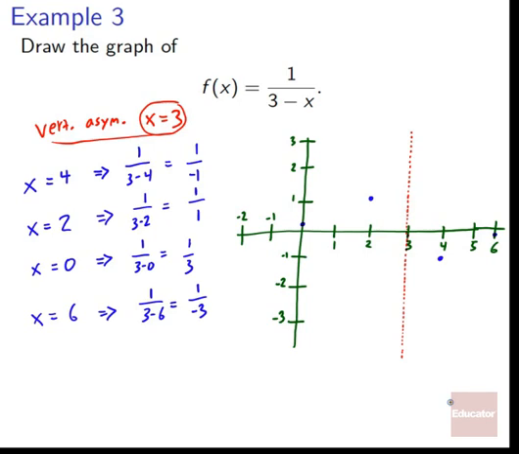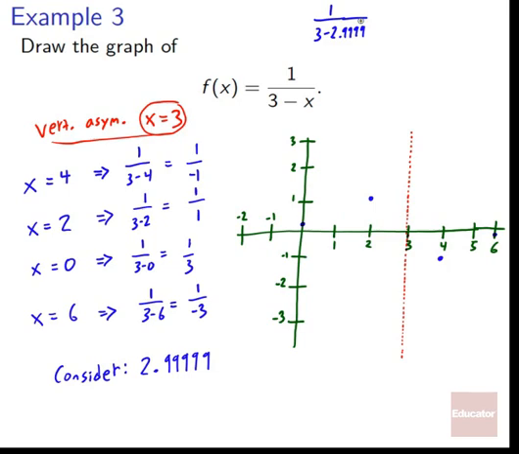So what we can think about is just a hair to the left of 3. Consider 2.99999, right? Now, we could plug it into a calculator and get a value, but we can also think about this in our head: 1 over 3 minus 2.99999. Is 3 minus 2.99999 going to be a positive number or a negative number?